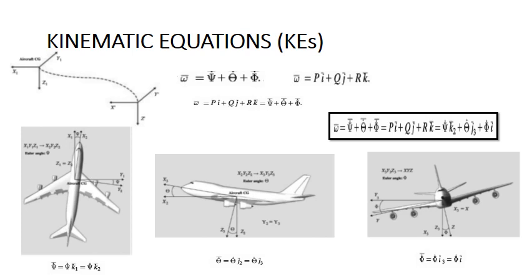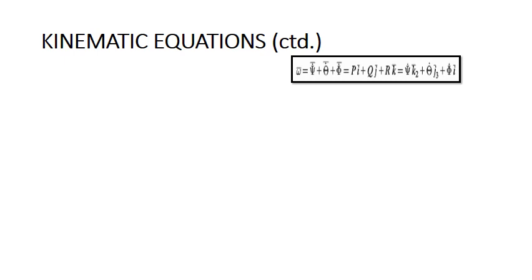So now we will make some mathematical manipulation to get k2 and j3 in terms of i, j, and k of the body system. Now the objective is to derive an expression for k2 and j3 in terms of i, j, k of the body axis system.